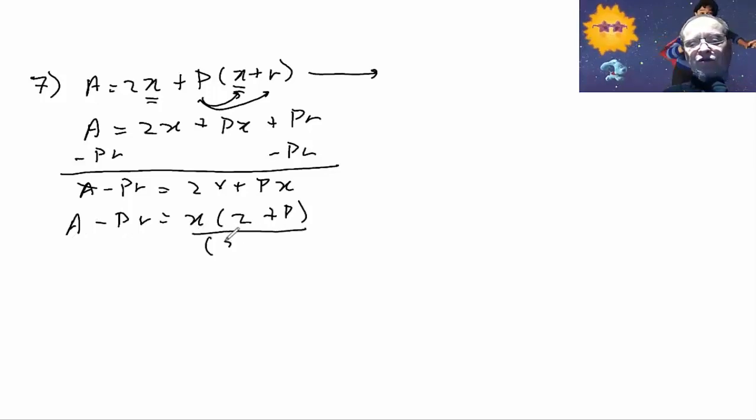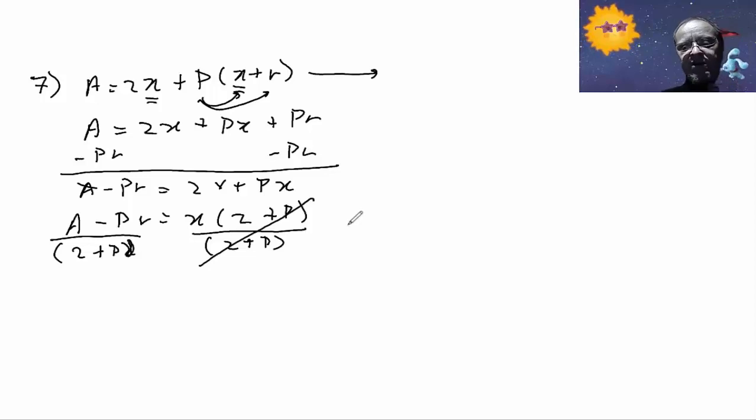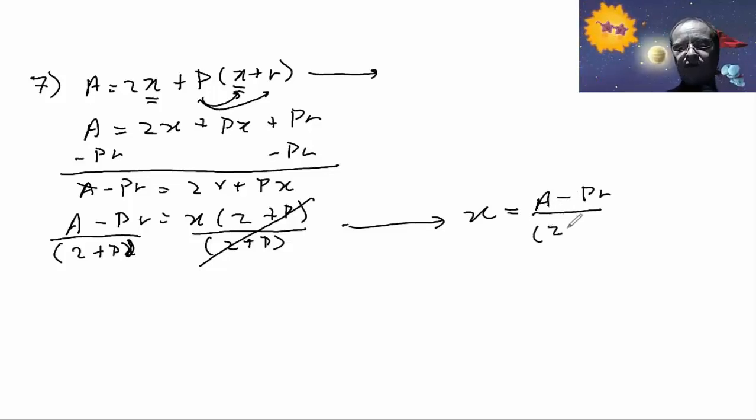So I put 2 plus p down here, and whatever I do to one side, I must do to the other. And here we go. That means that x is equal to a minus pr over 2 plus p.